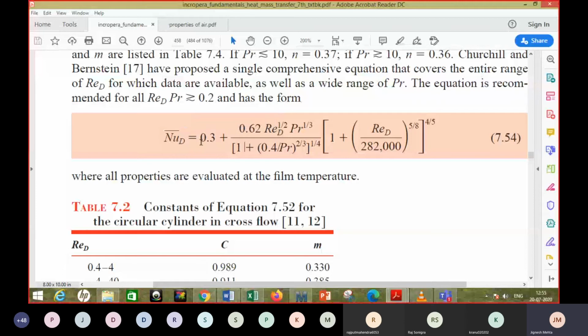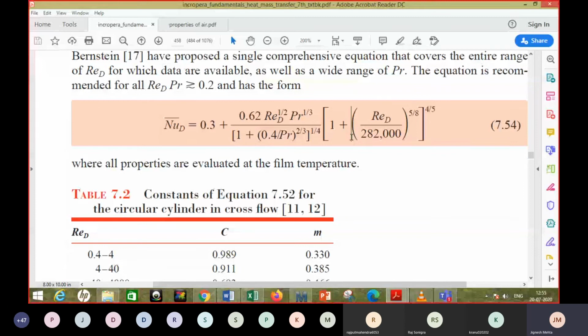So if you have done enough practice, you know that yes, this kind of formula is for flow over a cylinder. And again, there is one more indicator, Nu_D. It means it is for a cylinder, it is not for a plate, right? So from that also you can make out. So you don't need to remember the formula, but you need to do required practice so that you are familiar with the formula.